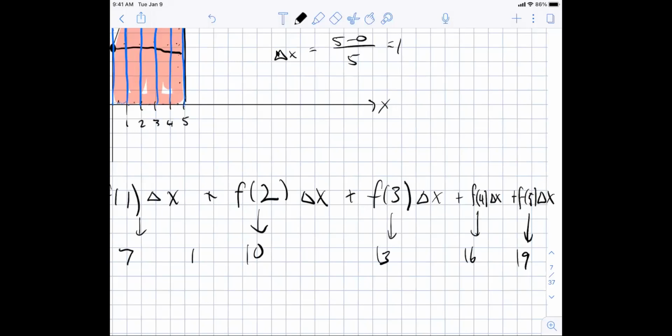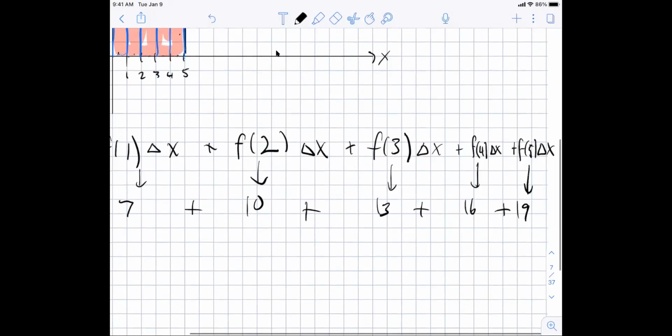Okay, so I want this plus this plus this plus this plus this. That's going to give me 7 plus 10 is 17, plus 13 is 30, plus 16 is 46, plus 19 is 65, right? Okay, so we got 65 there.